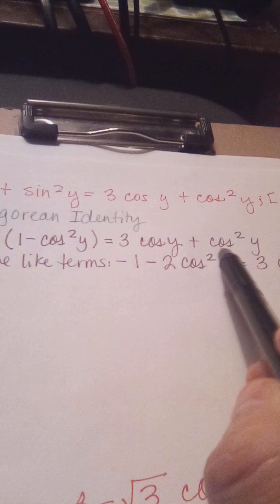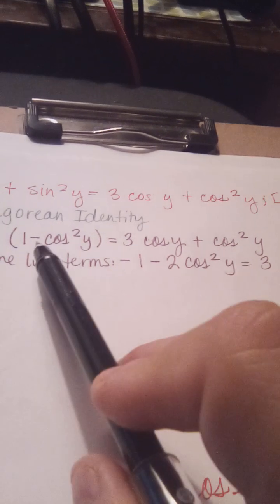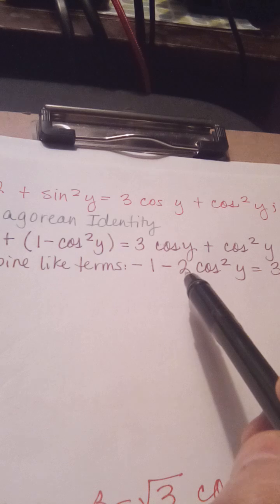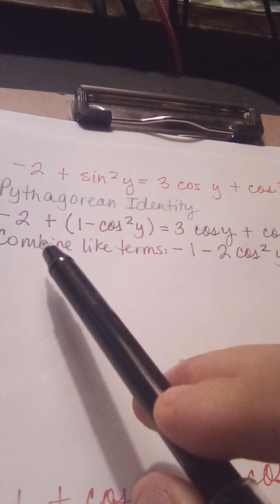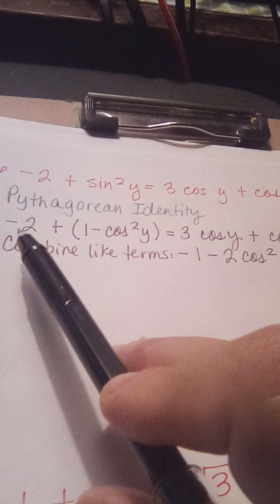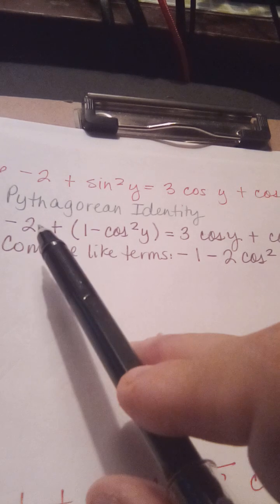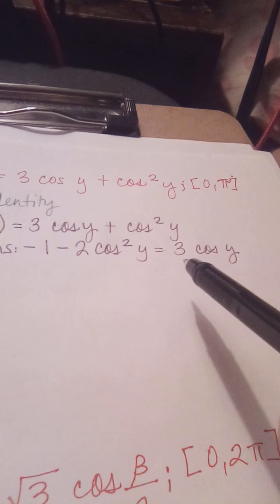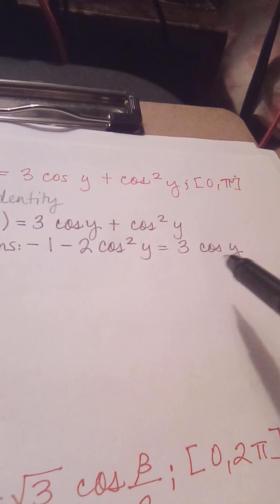You subtract it to the left side. That's how you get the negative 2. The negative 1 is minus 2 plus 1. That gives us negative 1 on the left side. And on the right side, we got 3 cosine y.